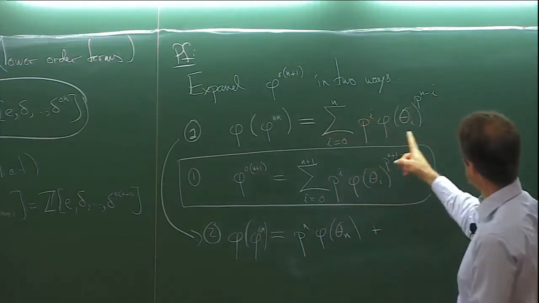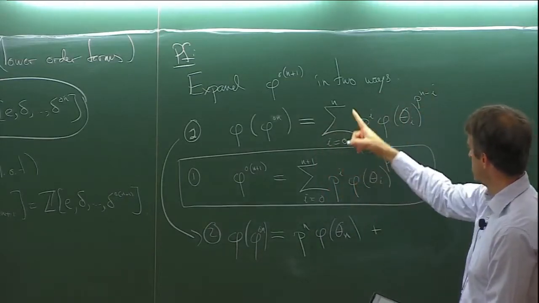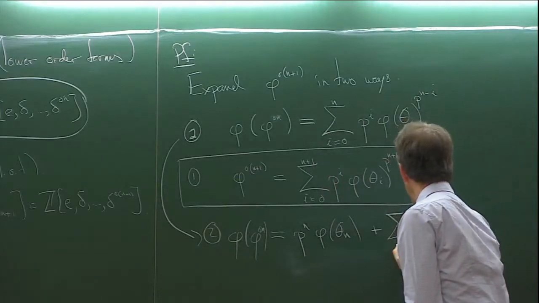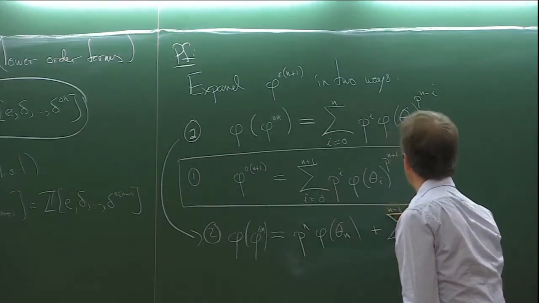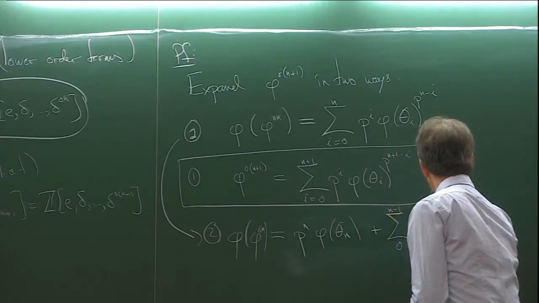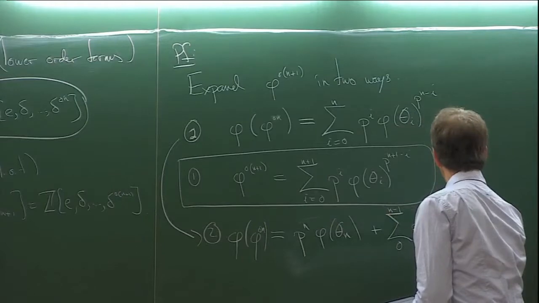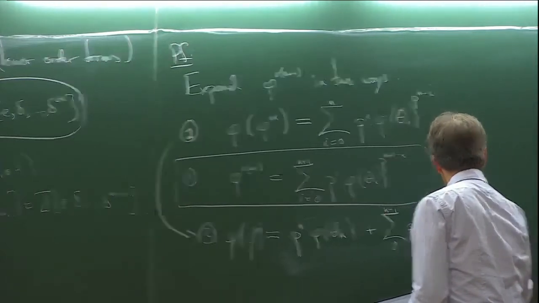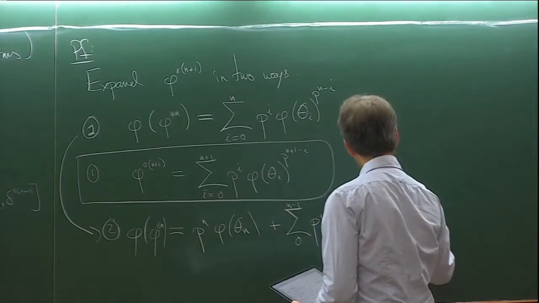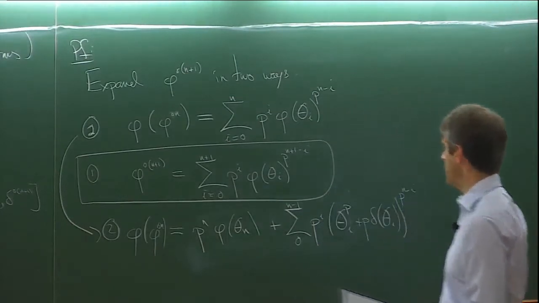And then we have the rest of the summation from 0 to n minus 1. And how I want to write that is p to the i times theta i to the power p plus p delta theta i, all to the power p to the n minus i.